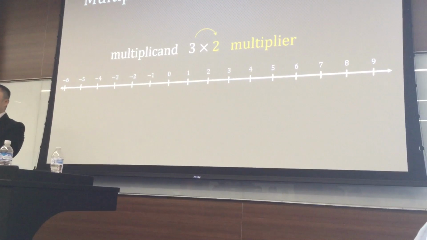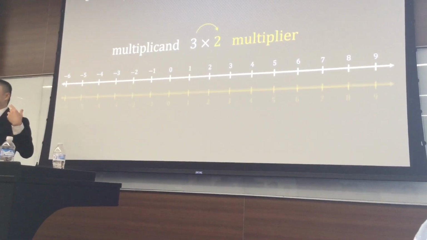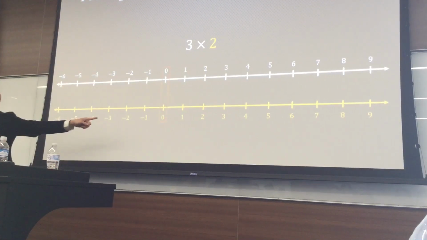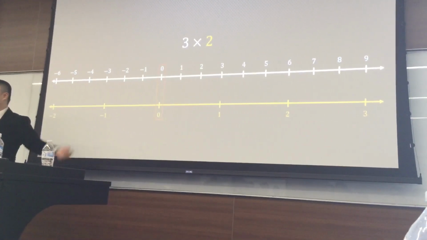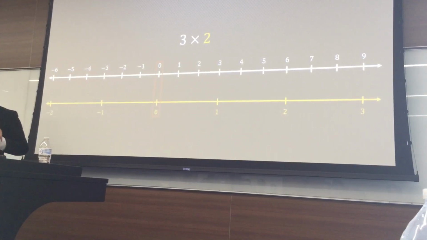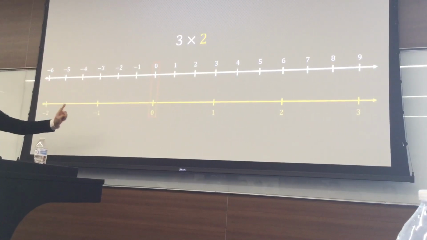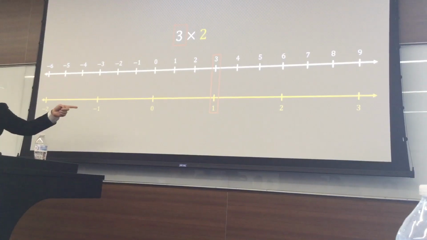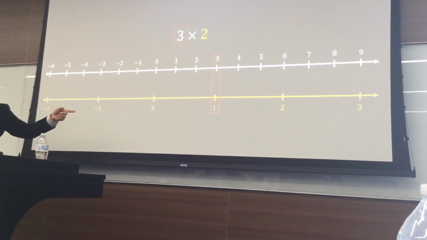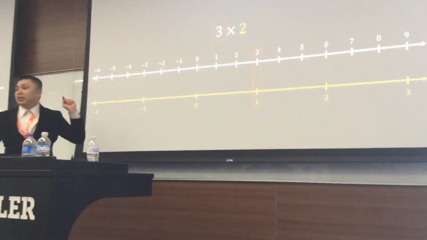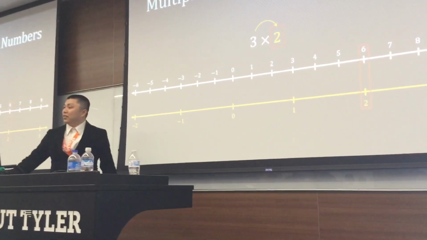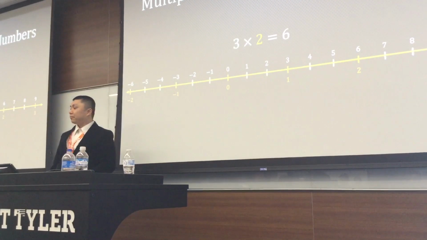Then, after you identify, you copy the number line, you fix the 0, and you stretch it, up to the point that the new number line's 1 matches the old number line's multiplicand. Then when you look at the new number line's multiplier, that will be your answer, which is 6.